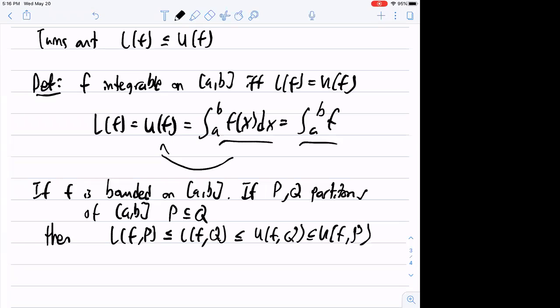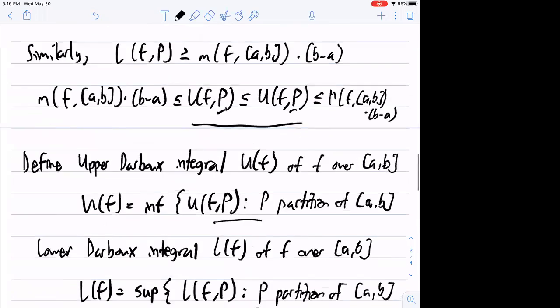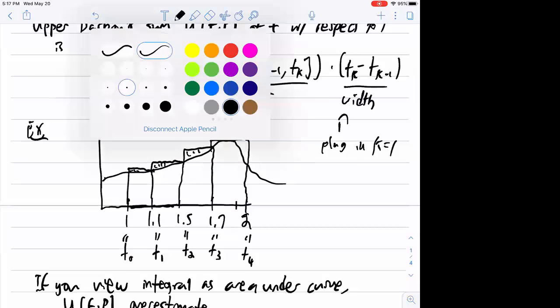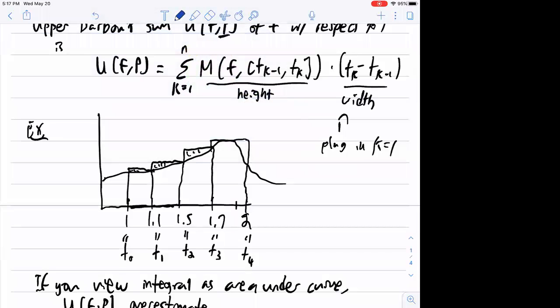So let me just show this by picture. If you go back here, let's say this was my partition P, right? And P has to be contained in Q, so Q must contain all the points here. So let's add in a point here, yeah? So what will my rectangle become? My rectangle will become something like this, the rectangle from here all the way to here.